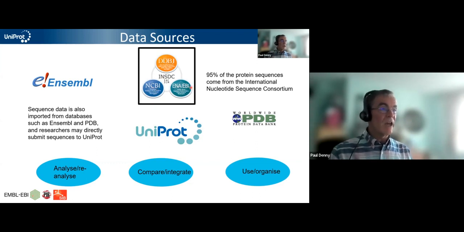But other data is pulled in from other sources. There are direct submissions to UniProt. People send their sequences to us. And then there's data pulled in from the Ensembl genome browser and database. And then, of course, data comes in from the structure databases like PDB.